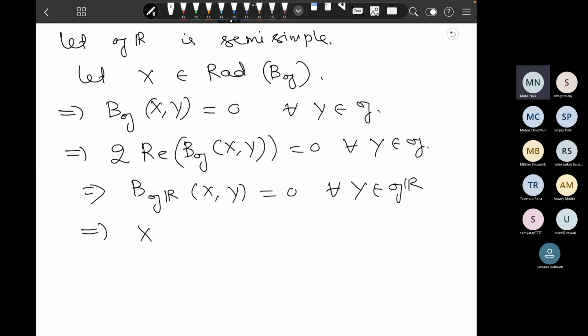This implies that x is equal to 0 as G_R is semi-simple. Hence G is semi-simple.